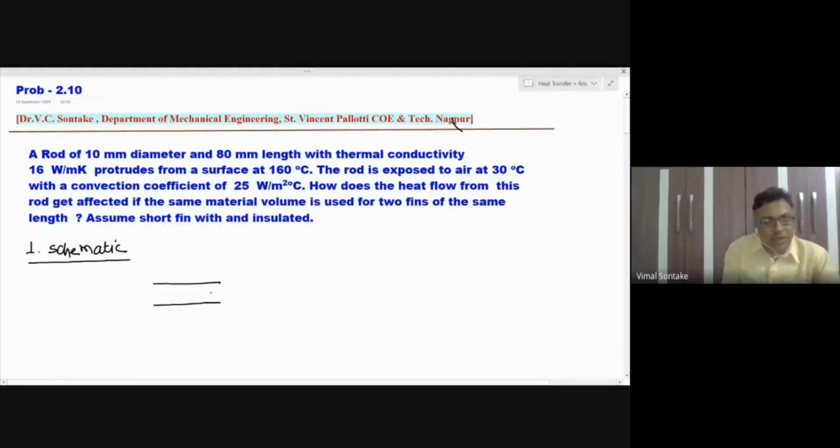This rod is there, and this rod is attached to this base surface, let us say at surface temperature Ts.